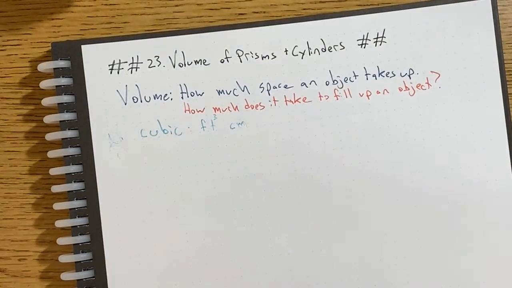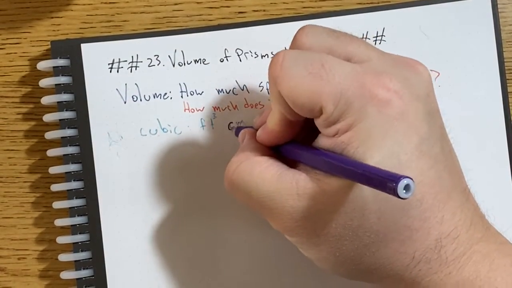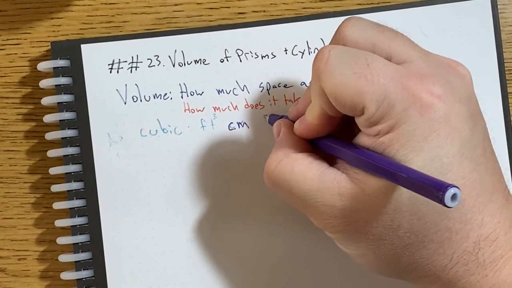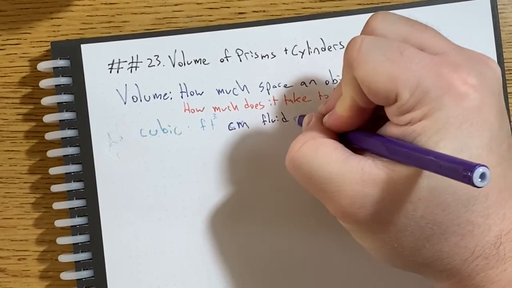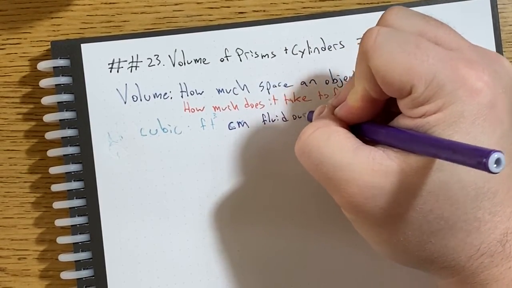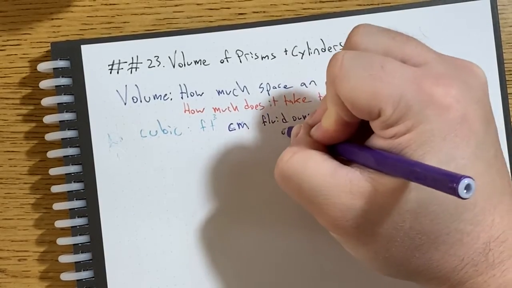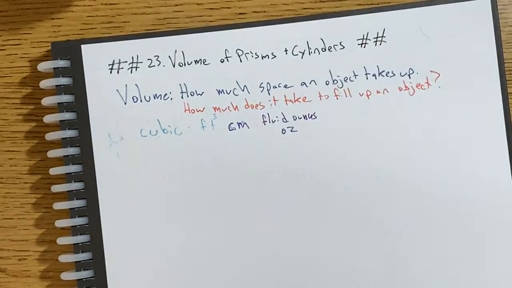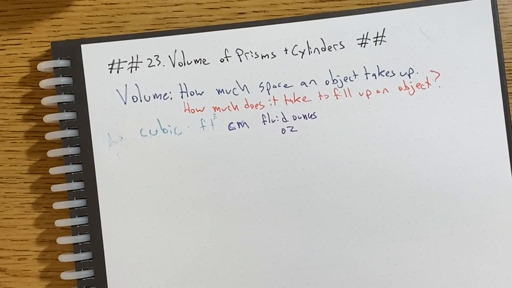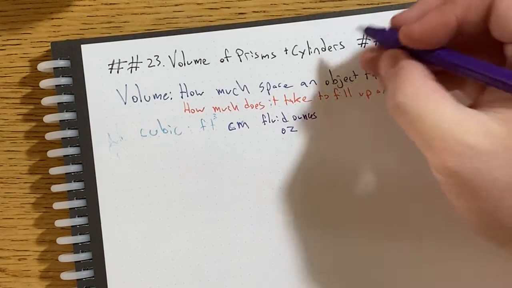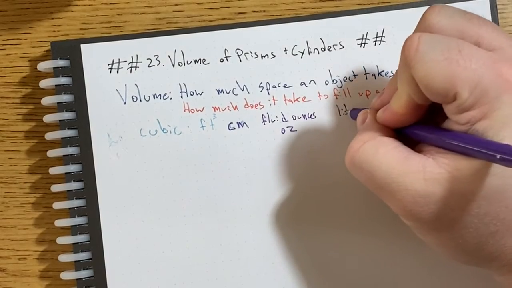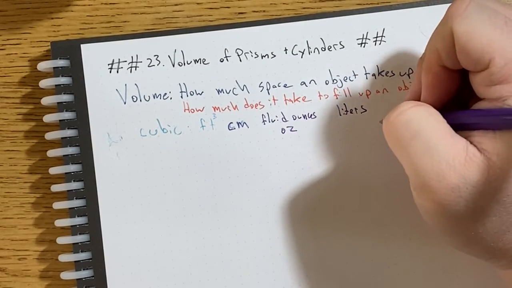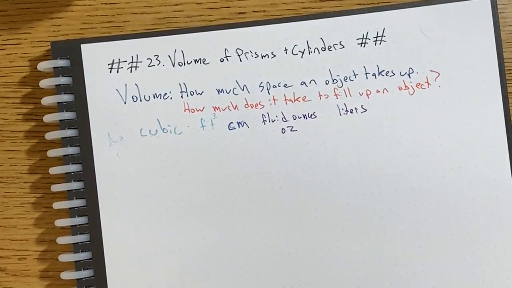In the store, you'll see different things of volume, like fluid ounces. This is the one that always confuses me the most because ounces can be volume, but ounces could also be weight. And liters, milliliters, kiloliters, stuff like that.